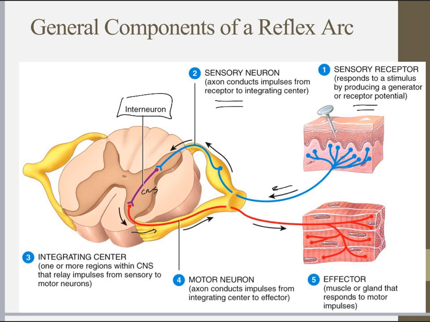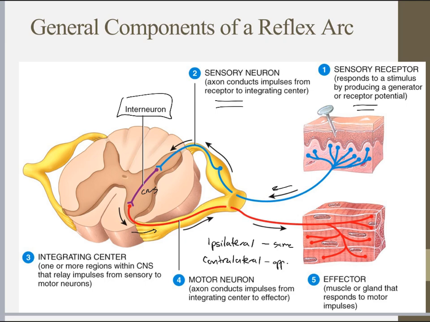Now let's throw some more terminology in here. Remember we talked about ipsilateral and contralateral, and we said that we were going to reserve these terminologies for the reflexes. So again, ipsilateral is same side, whereas contralateral is opposite side.